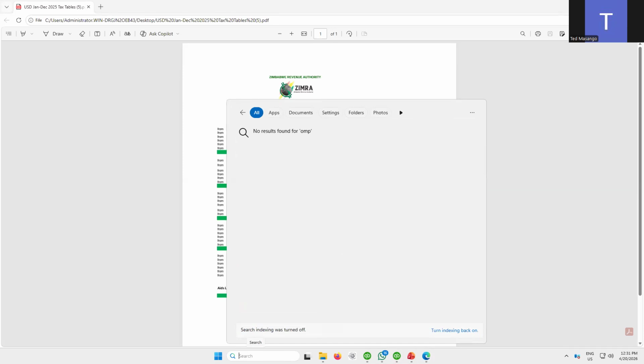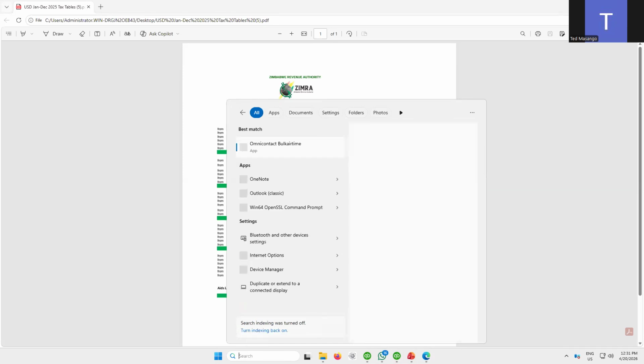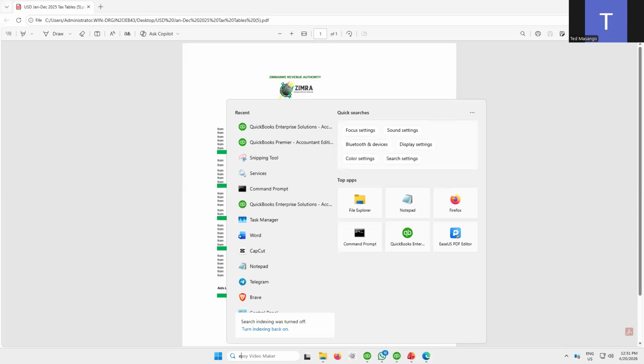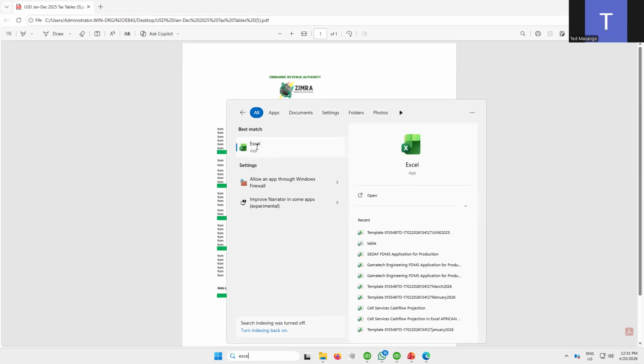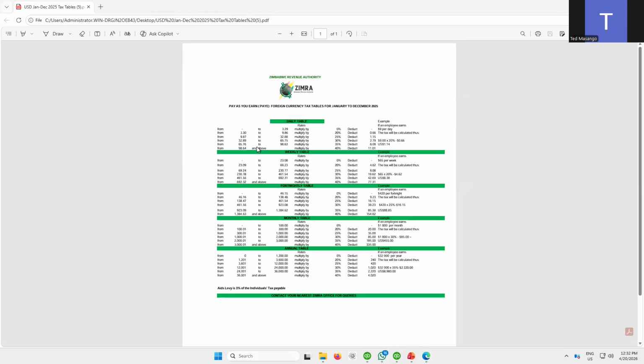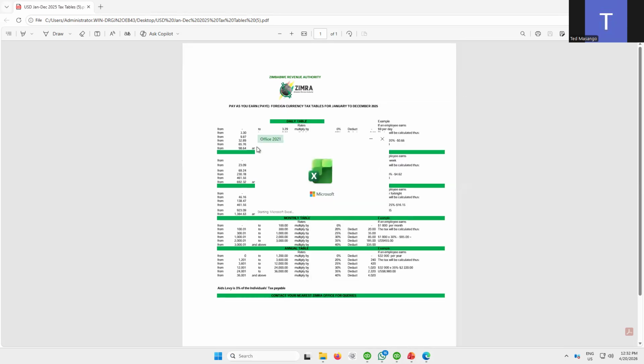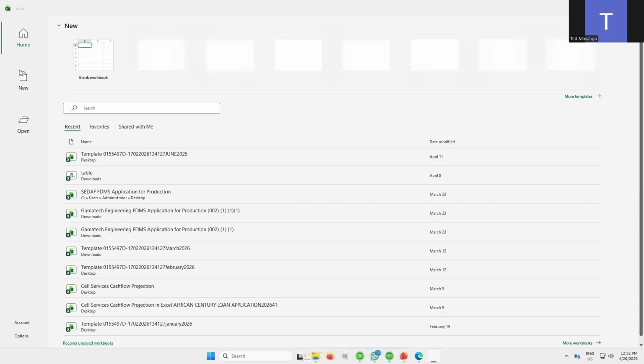This is if you are calculating manually, but as I said, I'll also do a lecture on using a payroll system. Once you are using a payroll system, most of these things are automated. You are not calculating them yourself. You just feed some information, then the system does the computations.